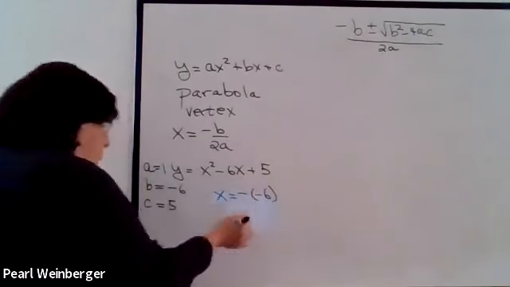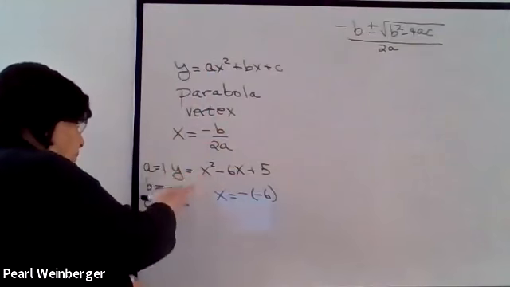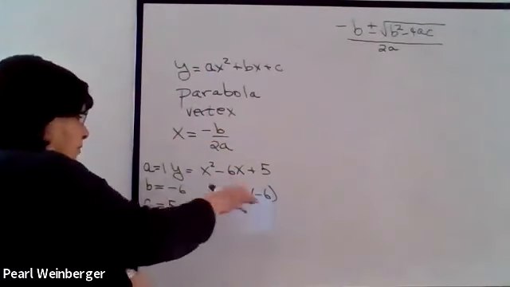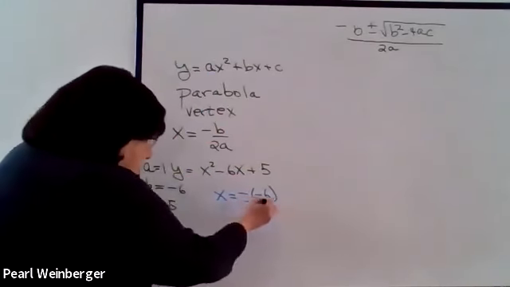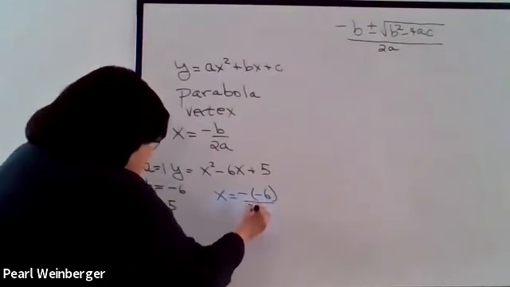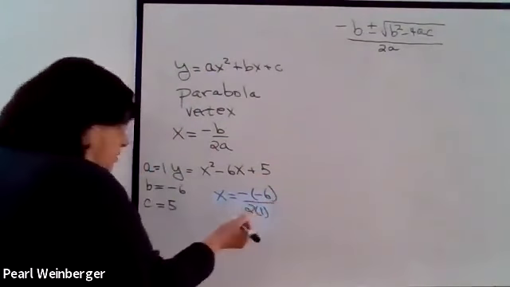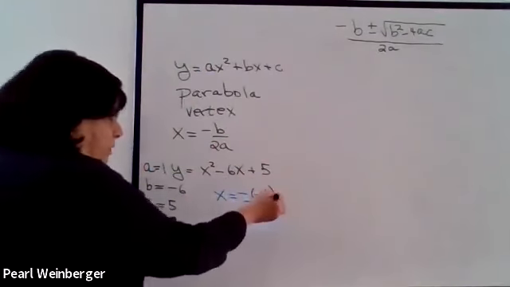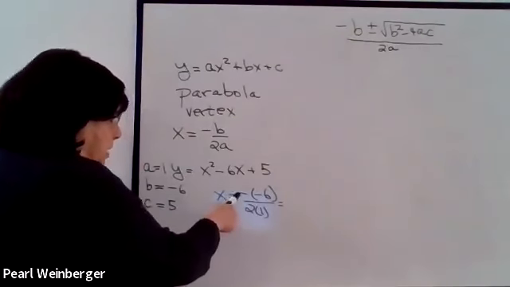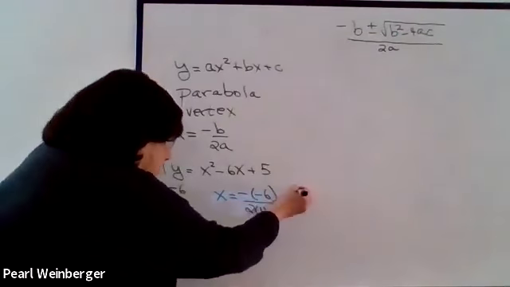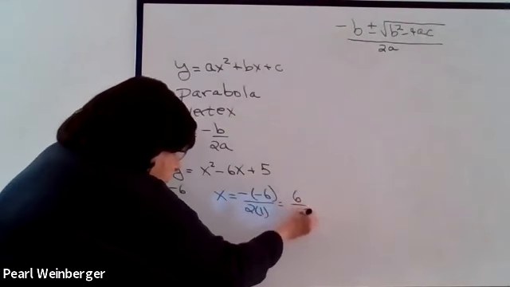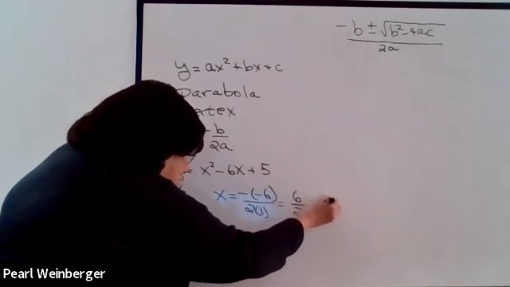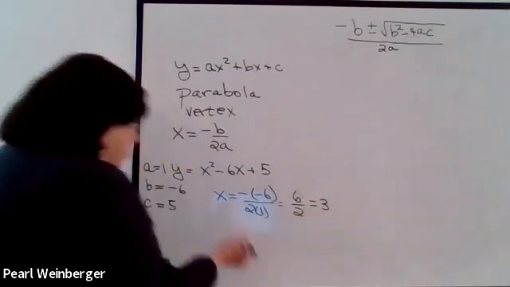Be careful, just like we did before. When you have this -b, if the b is negative, you end up with 2 negatives over 2a. So 2 times 1. Now this is not as hard as a formula because it's just a couple of numbers. A negative and the -6 is +6 over 2. And 6 over 2 gives me 3.